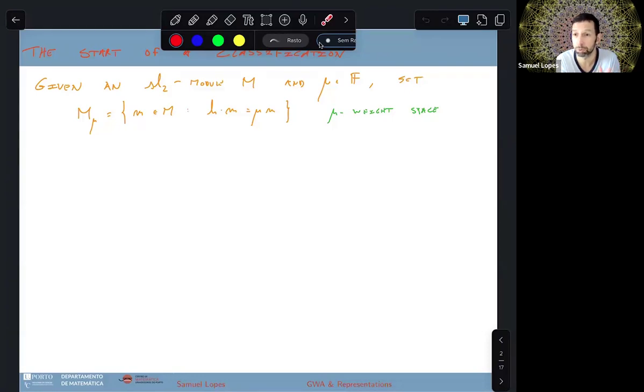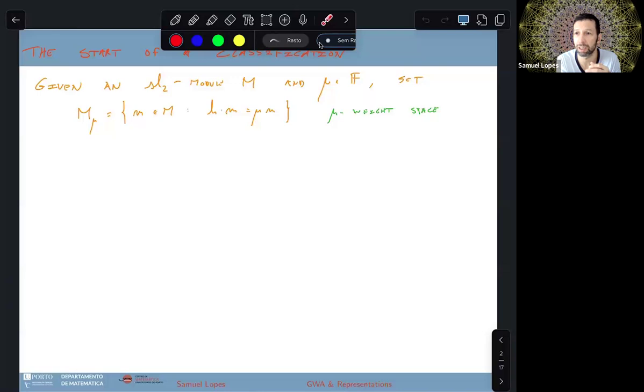So that representation would be a direct sum of its weight spaces. The weight spaces are not submodules, because these modules are irreducible, but they're invariant under just the action of H, and this action was diagonalizable.